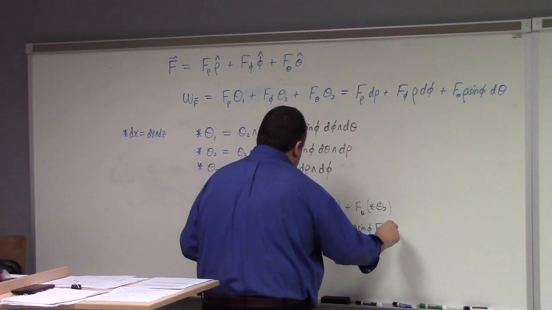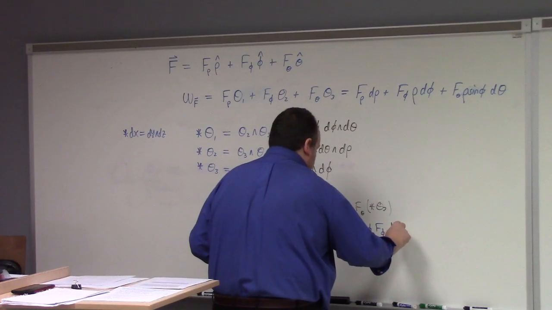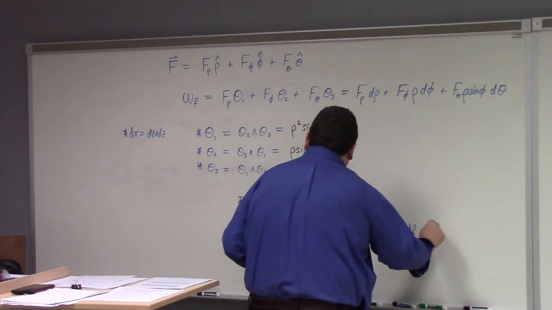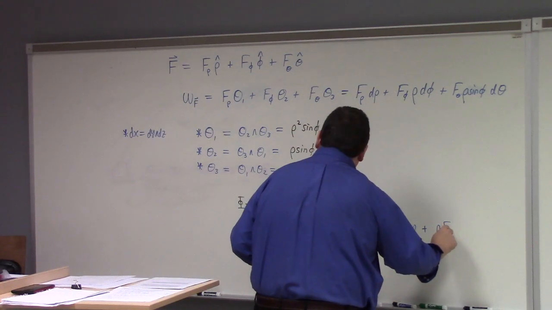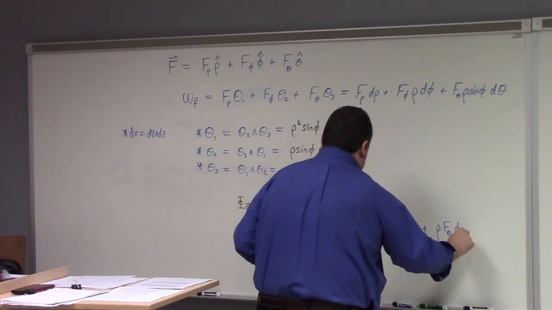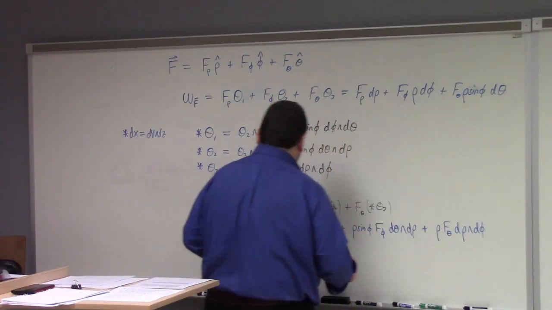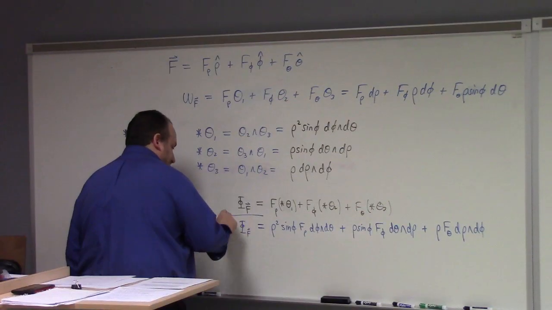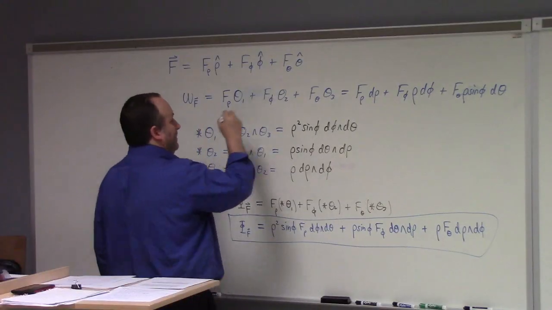The coframe makes all of these formulas much more symmetrical and nice looking, but in terms of calculation, oftentimes we want to work with differentials, so this is worth it. Where was I? Theta, if I haven't made a mistake. All right, so here's my formula for the flux form and also for the work form in spherical coordinates.